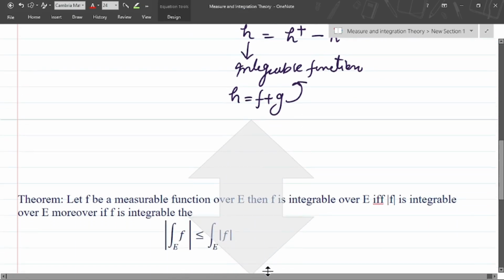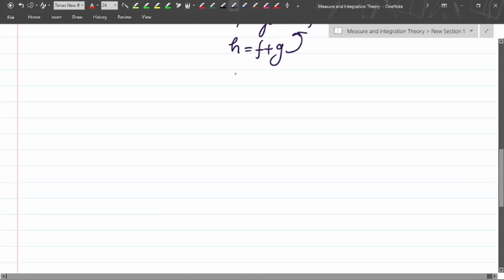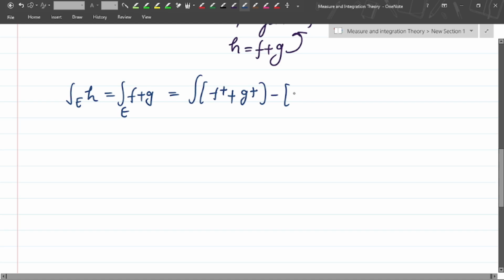Now we'll show that the integration of f plus g can be written as the integration of f plus the integration of g. If h is integrable over E, then f plus g is integrable over E. It means we can write f plus g plus, by separating, minus of f minus plus g minus.